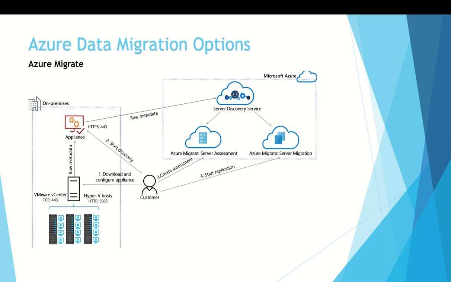Using Azure Migrate, we can also do server migration: migrate Hyper-V virtual machines, physical servers, other virtualized servers and public cloud VMs to Azure. If you have VMs in Google Cloud or AWS, you can also use Azure Migrate to migrate them from one cloud to another.